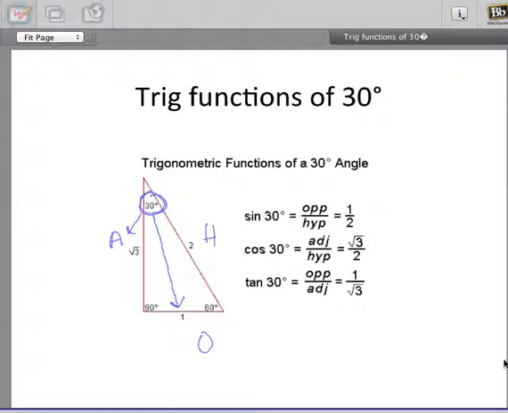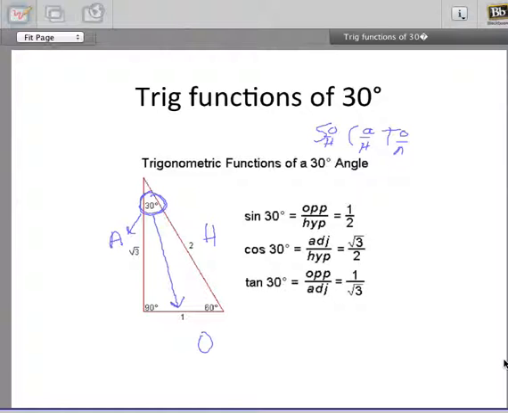So the sine of 30, I know it's SOH, CAH, TOA. So sine of 30 is going to be opposite over hypotenuse, 1 over 2. Cosine of 30 is adjacent over hypotenuse, radical 3 over 2. And tangent is opposite over adjacent, 1 over radical 3.